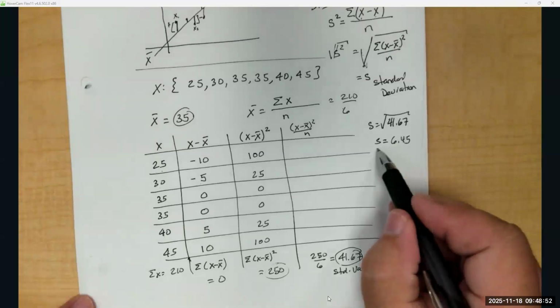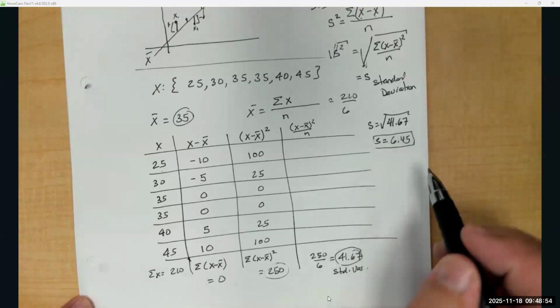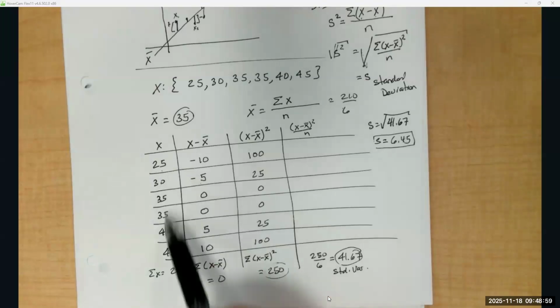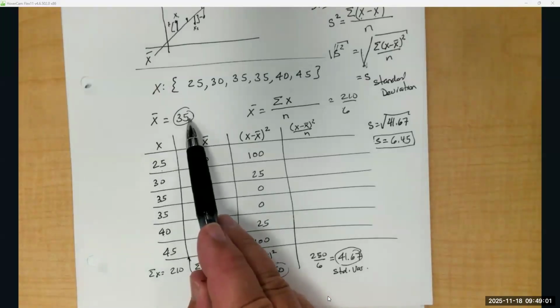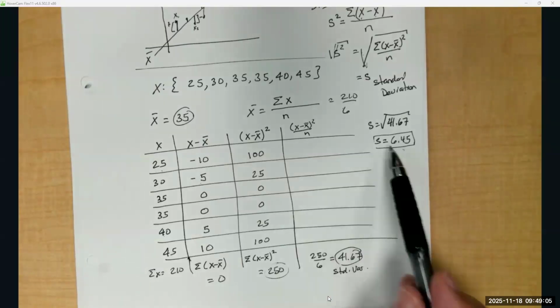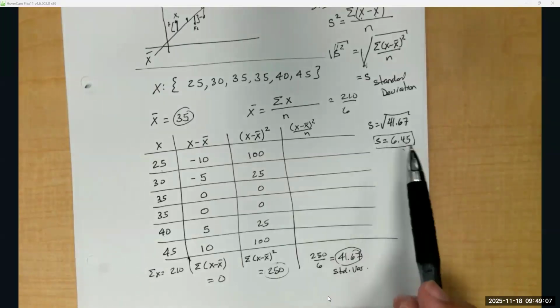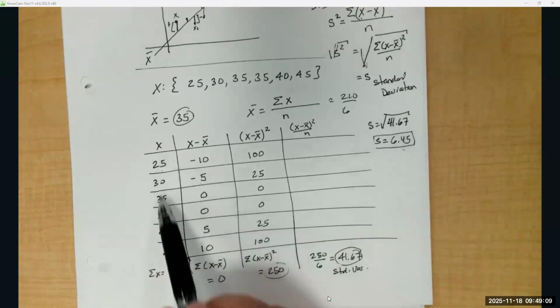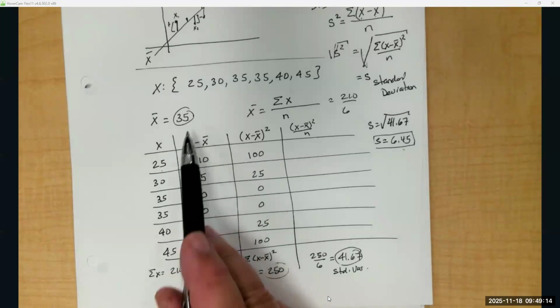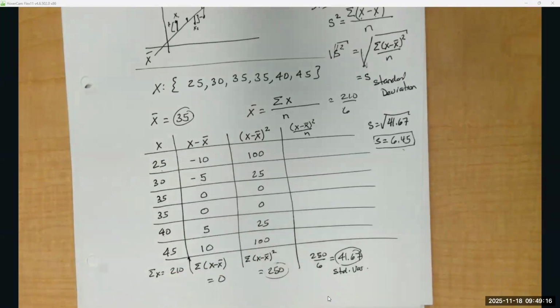Now, that is how far, on the average, each of our data points is away from the mean. The standard deviation tells us on average how far each of our data set is from the mean. Why is that important?